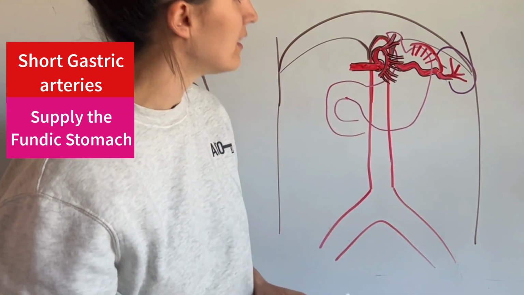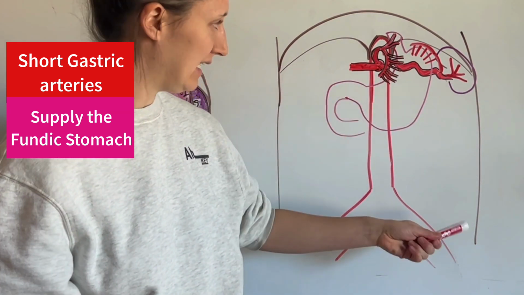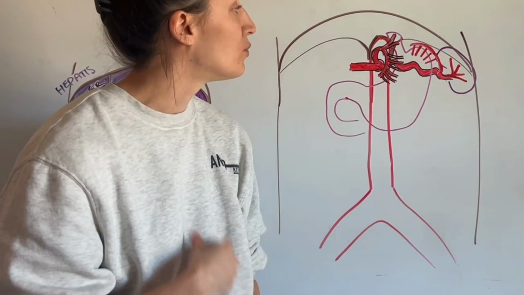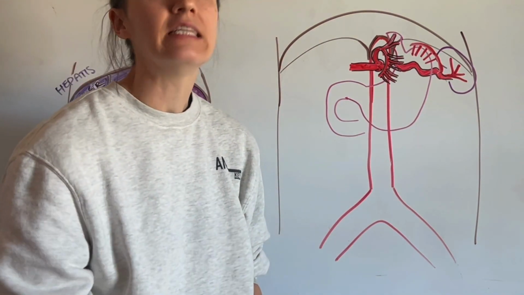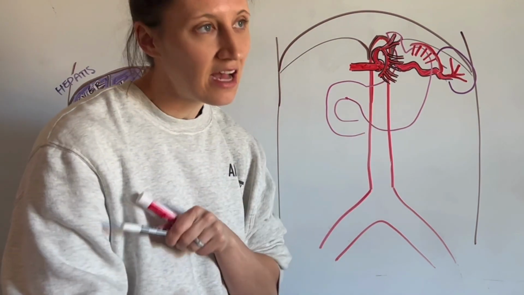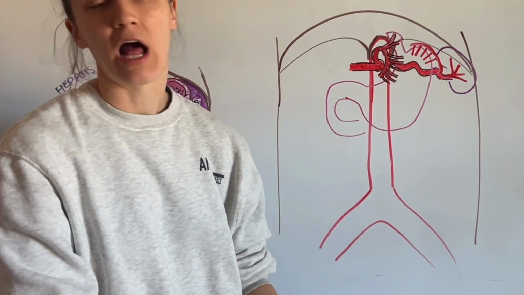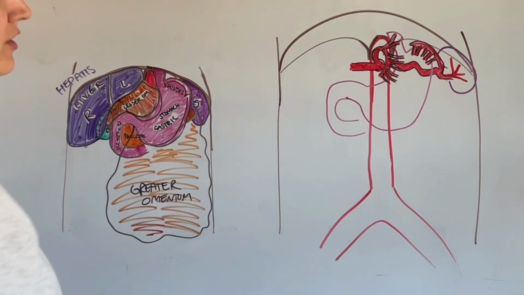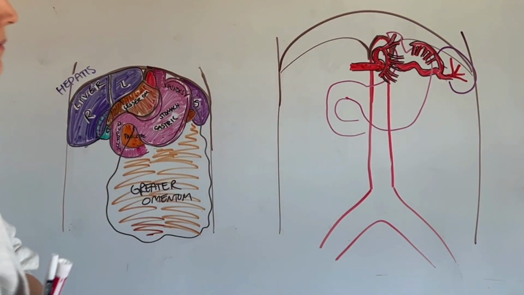So these are short gastric arteries off of splenic to the fundus of the stomach. When you're short, think about being fun-sized. These short gastric arteries are fun-sized arteries, therefore they supply the fundus. Short gastrics, fundus of the stomach.